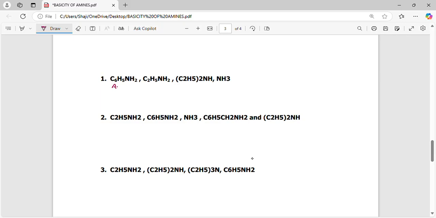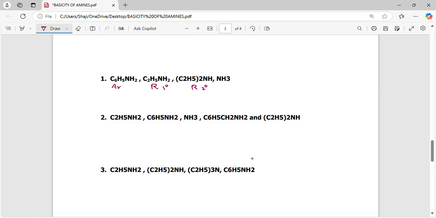C6H5NH2 is completely an aryl amine. C2H5NH2 is an alkyl amine. (C2H5)2NH is alkyl only, but it is a secondary amine. But the second compound is a primary amine, and then the last compound is ammonia. So when you select the basic character order, if it is increasing, you select always alkyl amine. But among alkyl amine, as I told you, if the phase is not mentioned, go for aqueous phase.